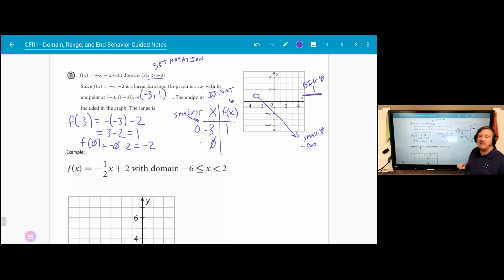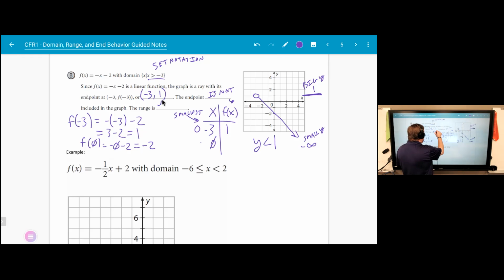My biggest y value is 1, not including. Okay, so now we need to say the biggest is 1, and it includes everything less than 1. In other words, when y is less than 1, not equal to or equal to, just less than. And I need to put this in set notation, so I would say y such that y is less than 1.